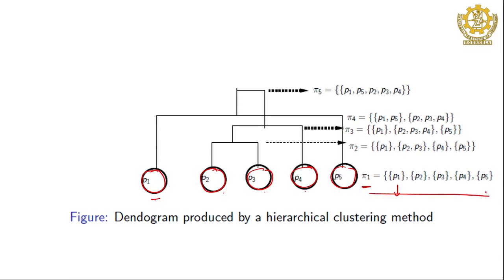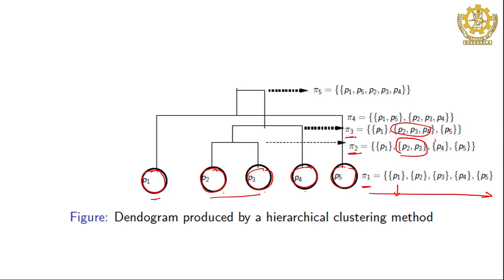This is one clustering. Now, you move on. P2 and P3 are merged, so P2, P3 form a cluster and all others remain the same. This is another clustering. In the next step you merge P2, P3 with P4. So, this is another cluster and this is another cluster. This is another clustering.